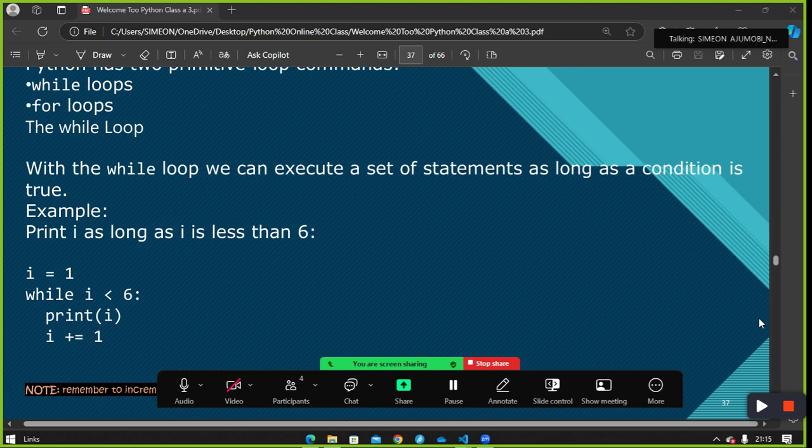Number two, this program is going to keep running unlimitedly. While 1 equals to 1, print in the loop. Do you know what it means?